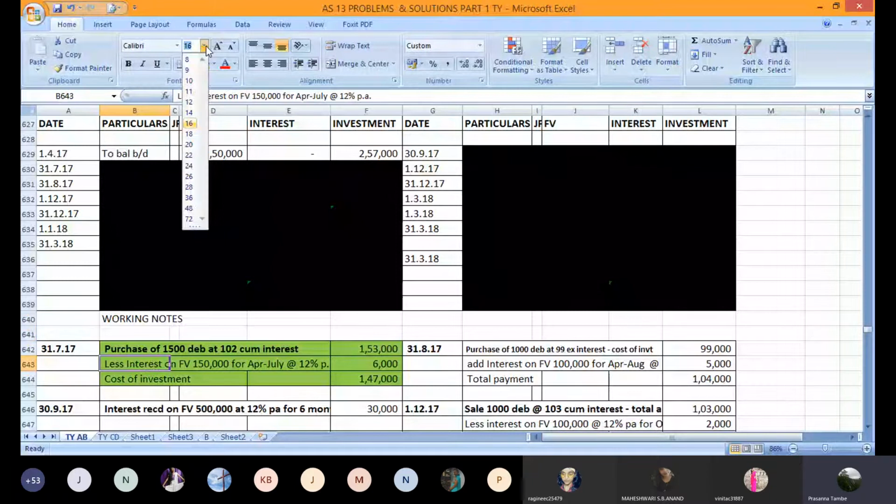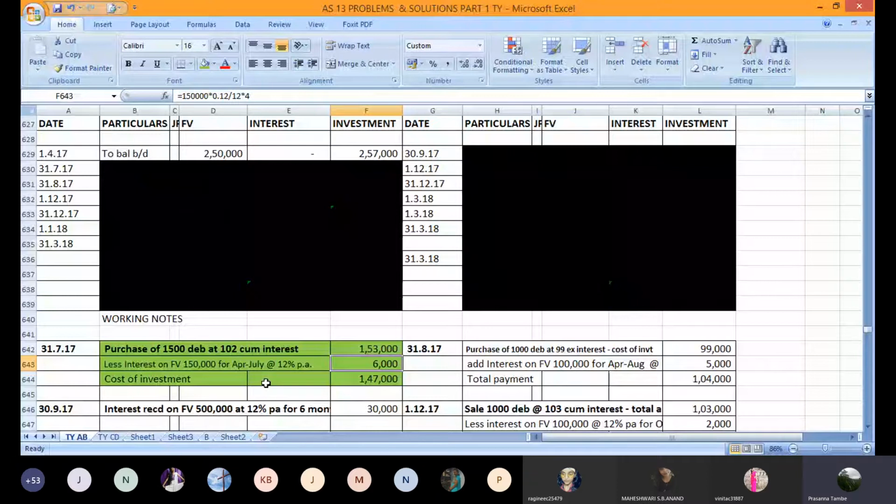And that 6,000 rupees interest is to be reduced from here because this is a cum interest quotation. So your actual cost of investment will be 1,47,000. Total payment is 1,53,000. Less interest is 6,000, and the actual purchase price of debentures, the cost of debenture, is 1,47,000.